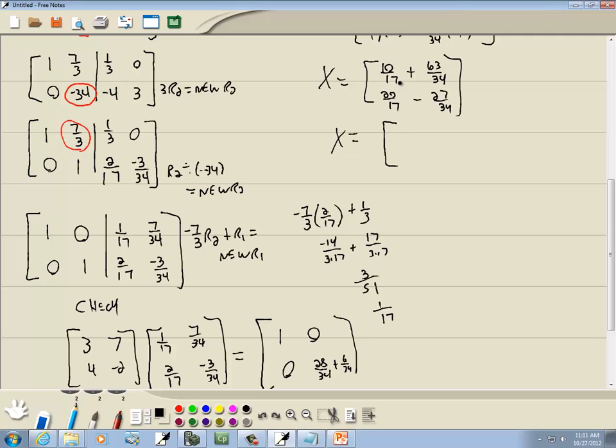So multiply that times 2. Multiply this by 2. So we get 20 plus that. So 83/34. And multiply this by 2. This by 2. We got 40 minus 17 is 13/34.